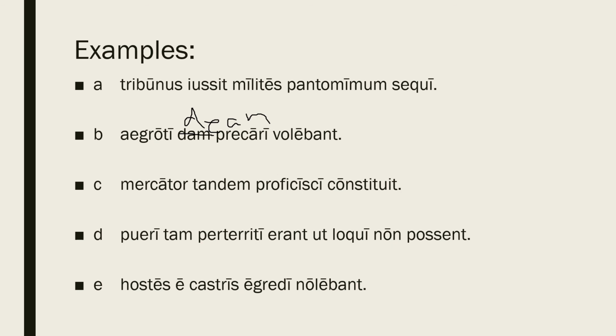The boys, pueri tam perterriti erant ut loqui non possent. Possent, by the way, is imperfect subjunctive. So the boys, result clause, tam, the boys were so terrified that they could not speak, or that they were not able to speak.